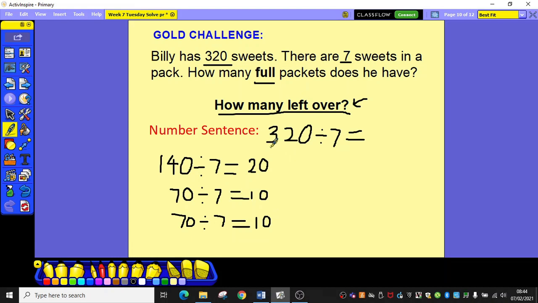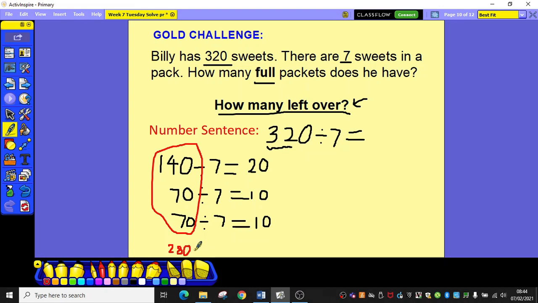Perhaps some of us saw this number 32 and thought, well, I know that 28 divides by 7, and maybe thought that actually a quicker, more efficient way than doing all of this could have been to have done 280 divided by 7.